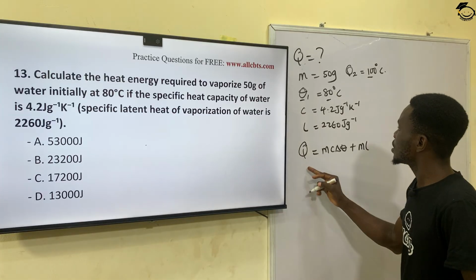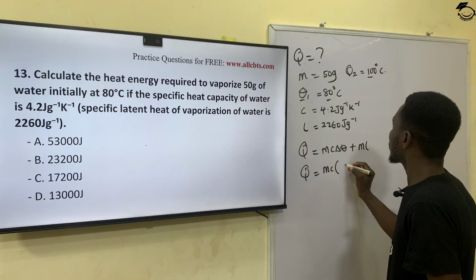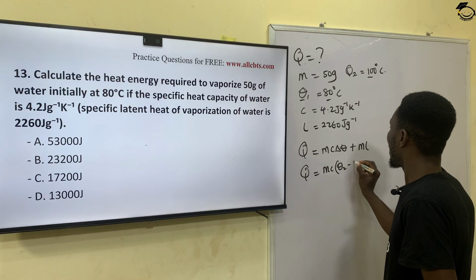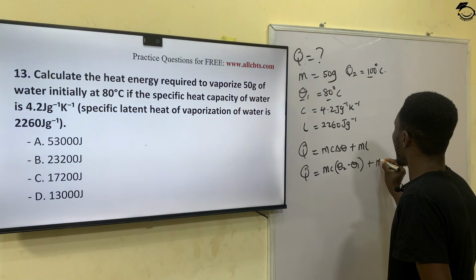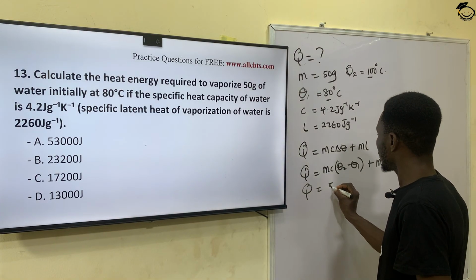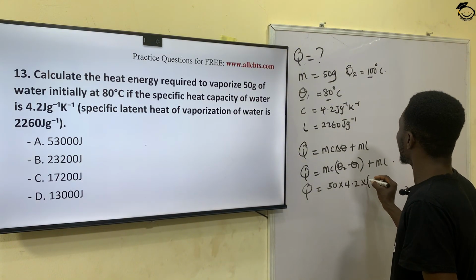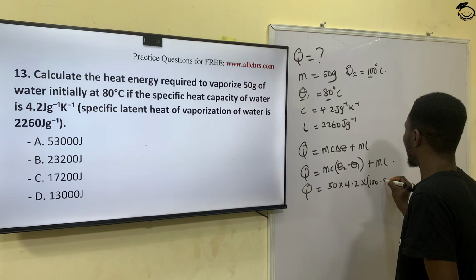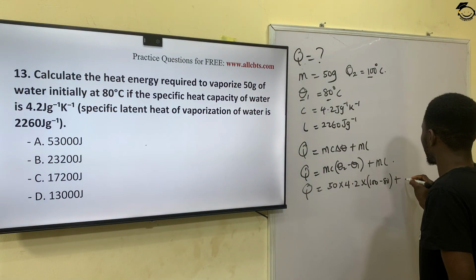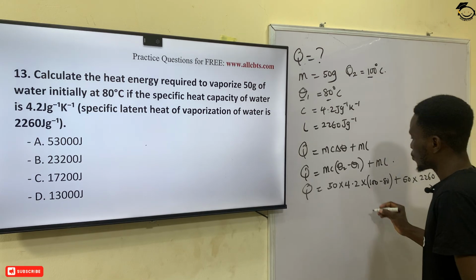So my quantity of heat is equal to MC, my change in temperature, theta 2 minus theta 1, plus ML. So Q is 50 times 4.2 times my change in temperature, 100 minus 80, plus 50 times 2260.